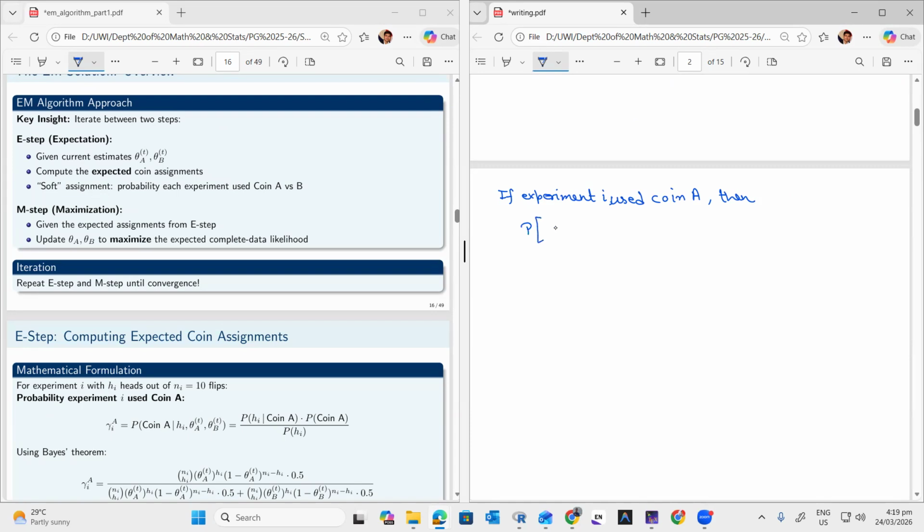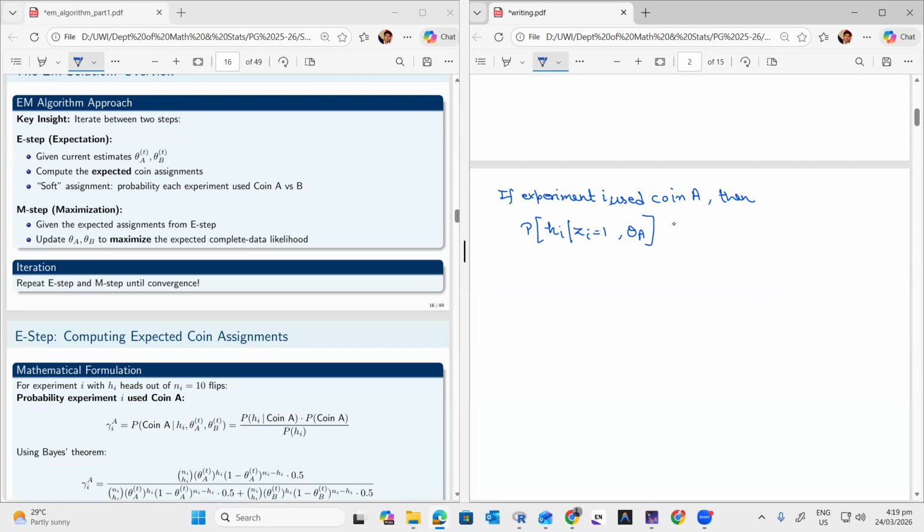It will be the probability of Hi, that is the total number of heads, given zi equals to 1 and theta A, where theta is the probability of success or the probability of getting heads.